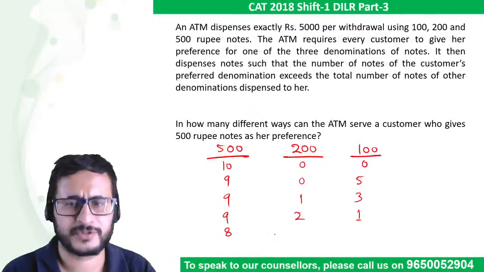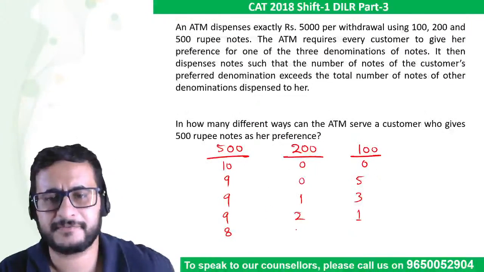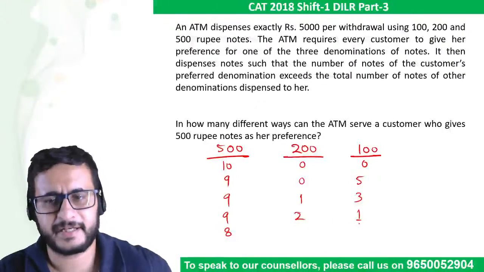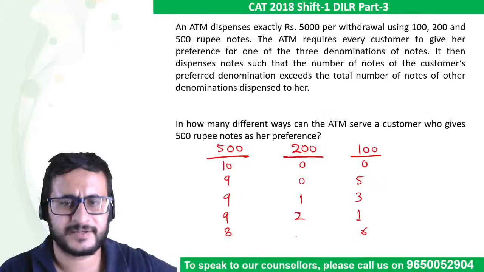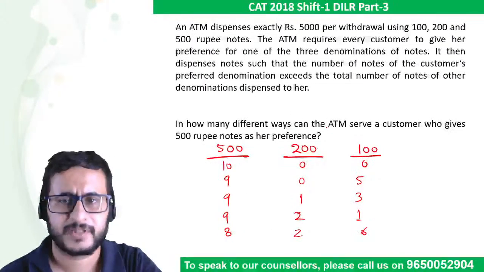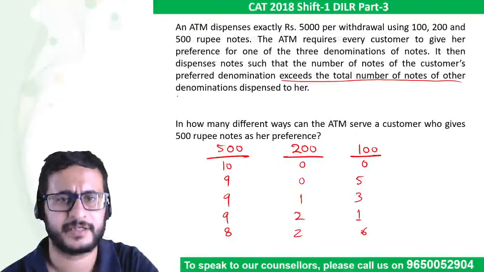You have to have 1000, right? So you cannot have 10 notes of this. You cannot have 8 notes also. If you put 6 notes, that is 600 plus 2, that is 8. This is not true because it should exceed the total number of notes of other denominations.